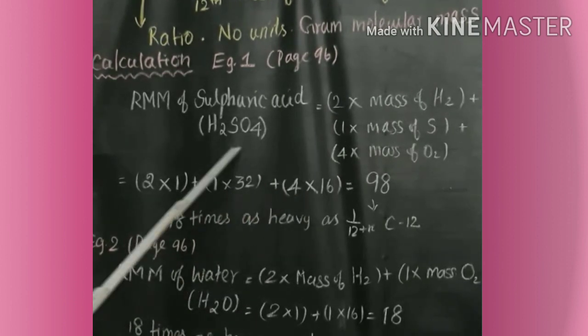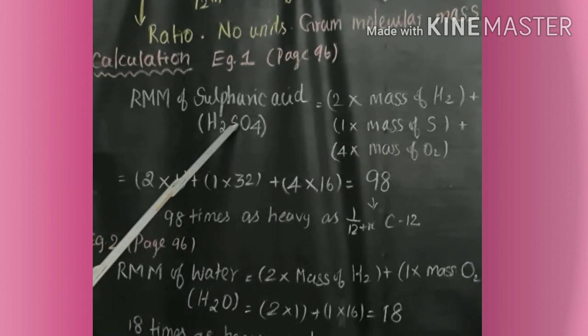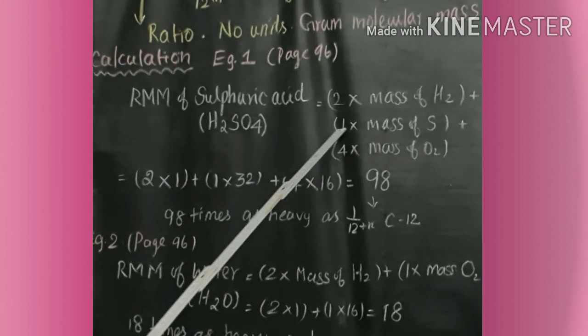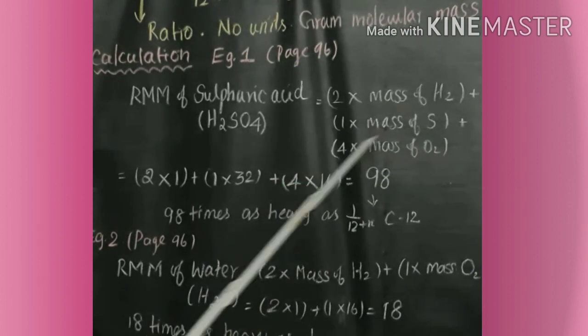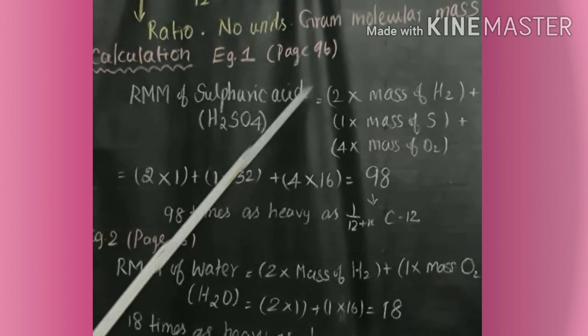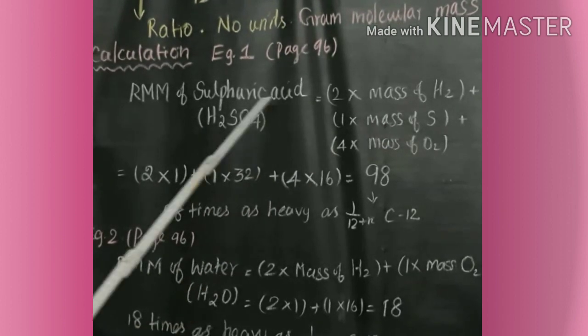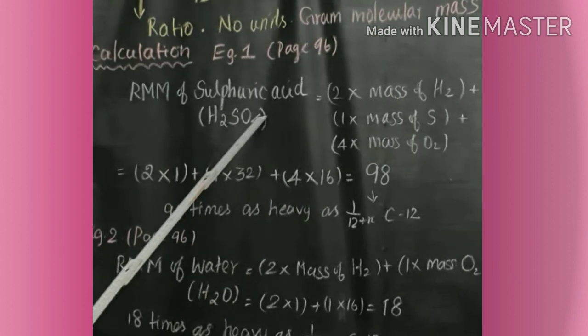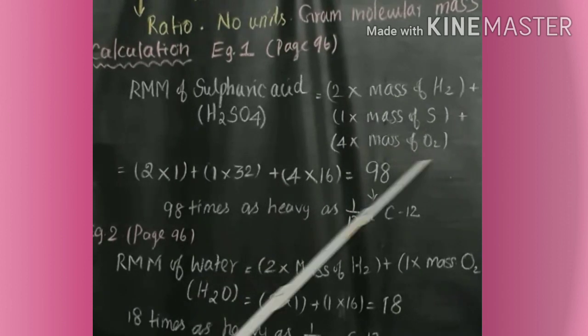Come to the second one: 1 sulfur atom, with the mass of sulfur. Multiply the mass of the sulfur atom by 1 and add this. Again another bracket, and then the third bracket. Here 3 atoms are present, so 3 brackets should come. And in the third part, write 4 into the mass of the oxygen atom, that is, 4 oxygen atoms multiplied by the mass of the oxygen atom.